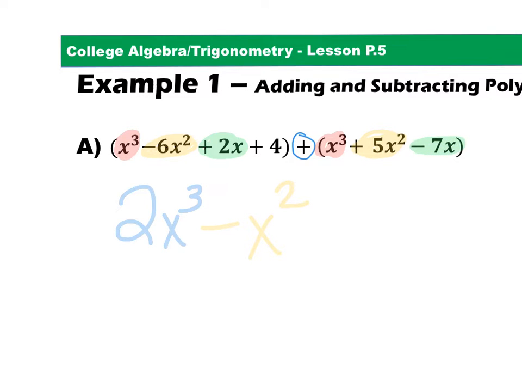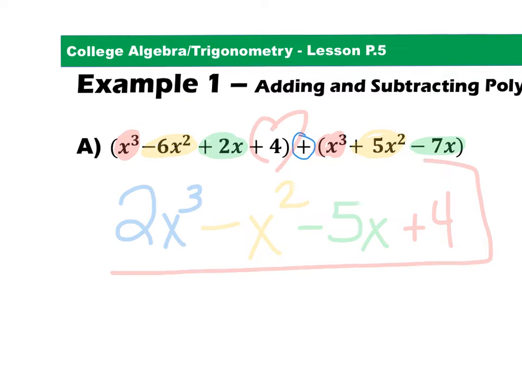What's 2 minus 7? Negative 5x, good. And then what's left over all by itself? Plus 4. Can I do any more combining here? No, how come? Because they all have different, we'll call it last names. I have an x cubed, x squared, x, and 4, a constant.